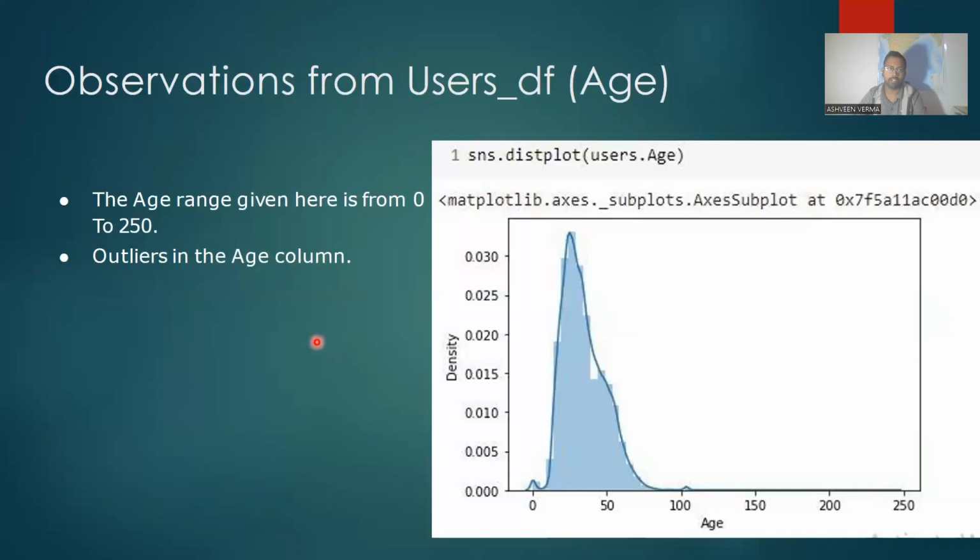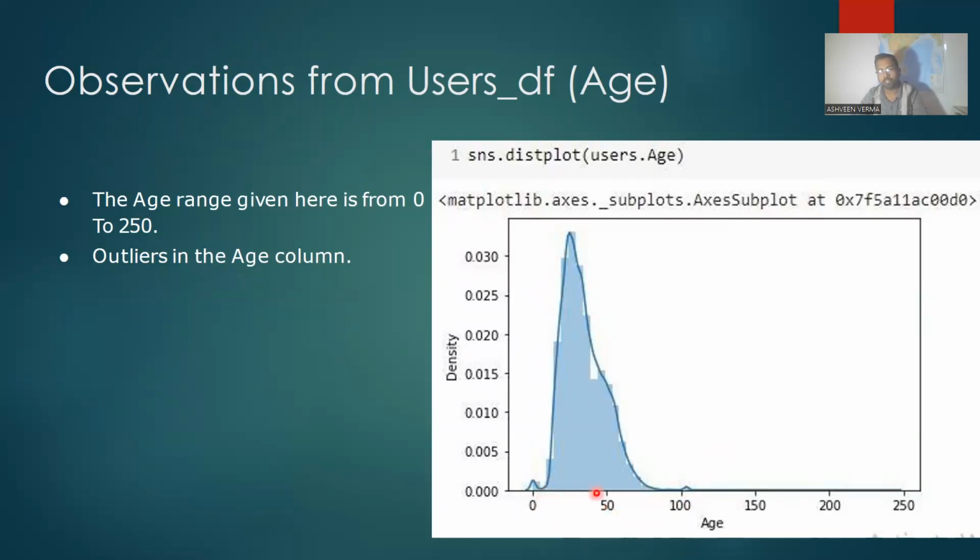So this is the graph observation from the user data frame. The age range given here is from 0 to 250. There are outliers in the age column. So here you can see that in the 0 to 100 age range, the maximum number of users are reading books.